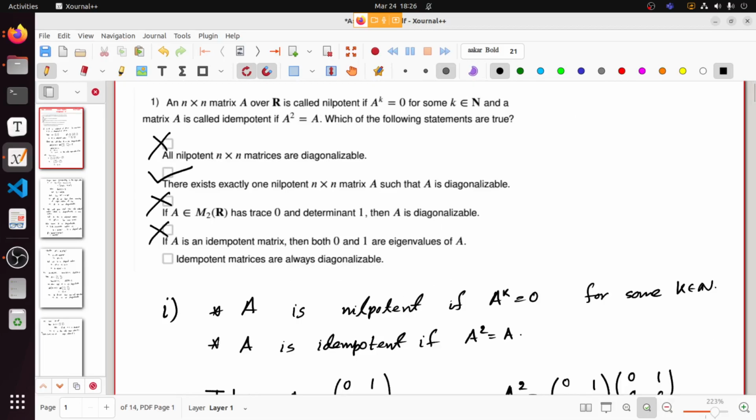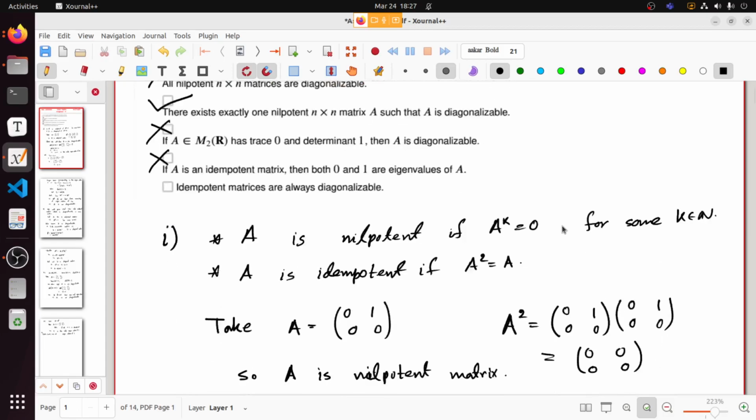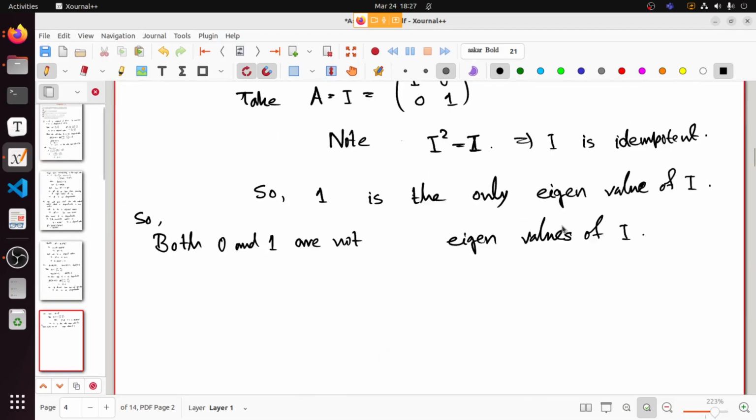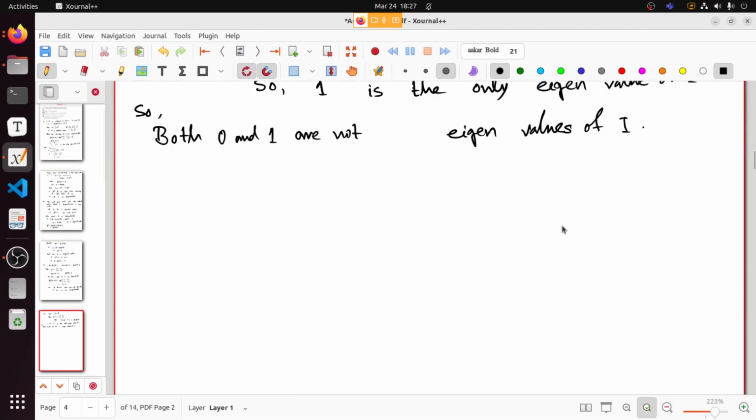Now what is the fifth option? Idempotent matrices are always diagonalizable. Okay, so we'll prove that idempotent matrices are always diagonalizable. This can be proved more easily, but here you do not know about the minimal polynomial or the annihilating polynomial, so we will do it another way.